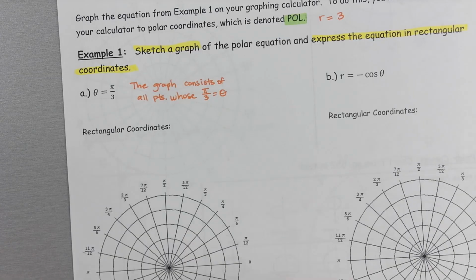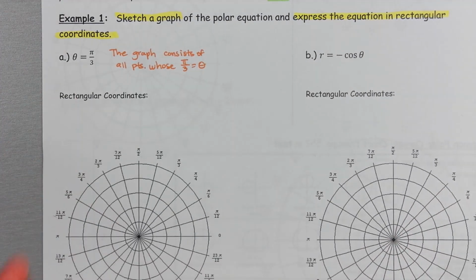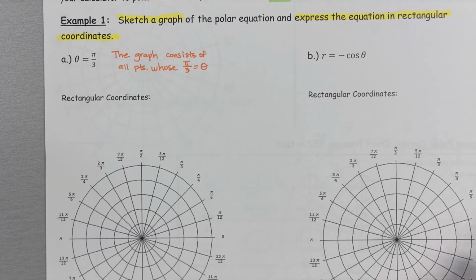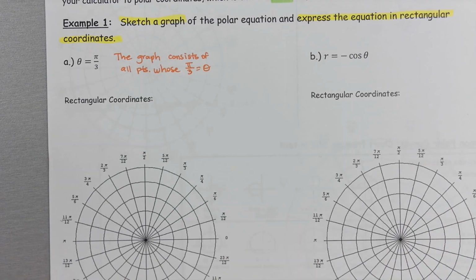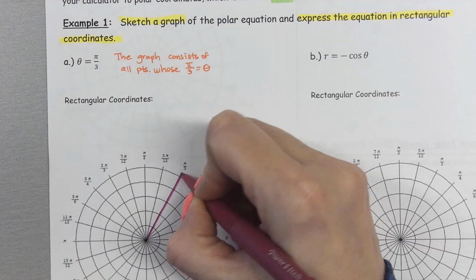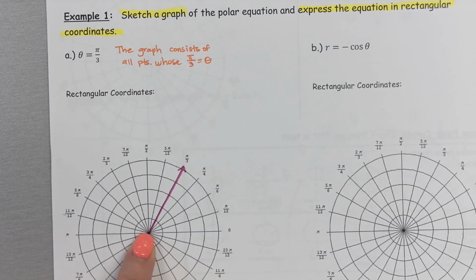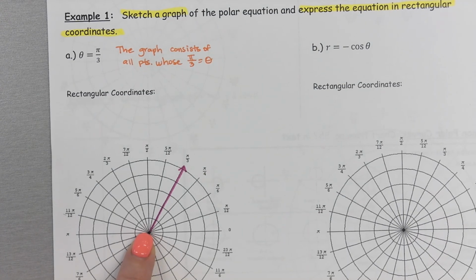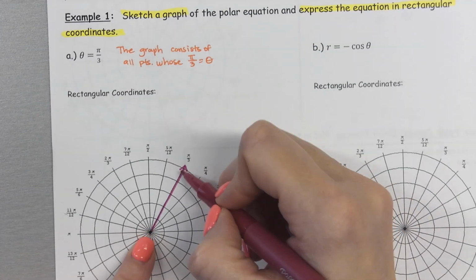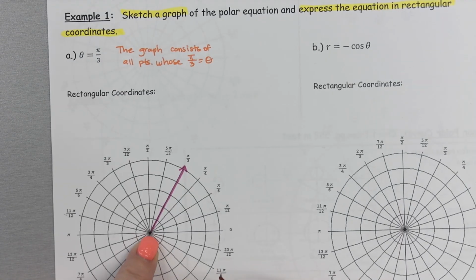And we can graph that just based on our knowledge from yesterday, because we talked about how if your theta value is pi over 3, okay, if you have a positive r value, it would consist of all of these points. Okay, so at pi over 3, all of these points are going to satisfy that equation if r is positive.